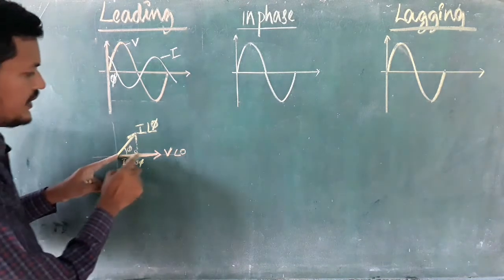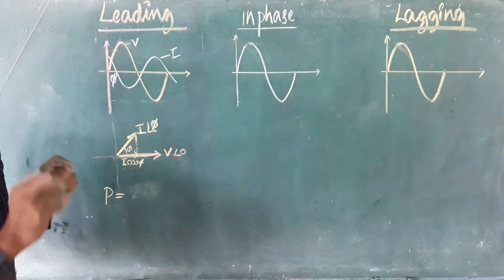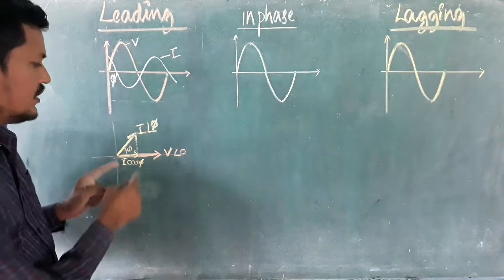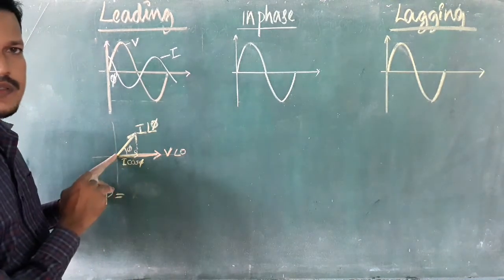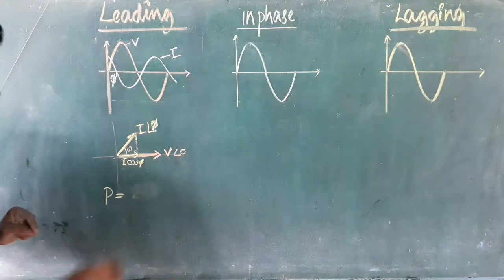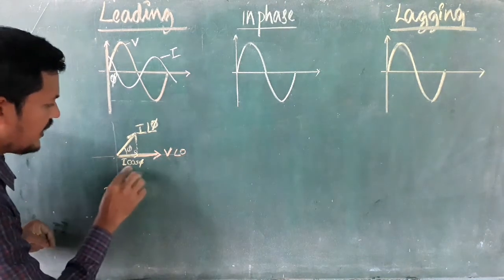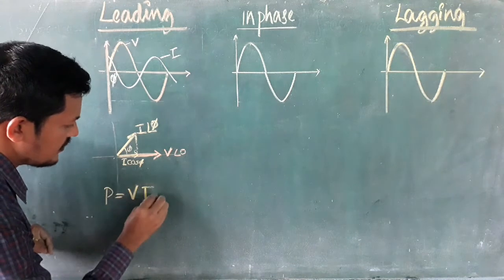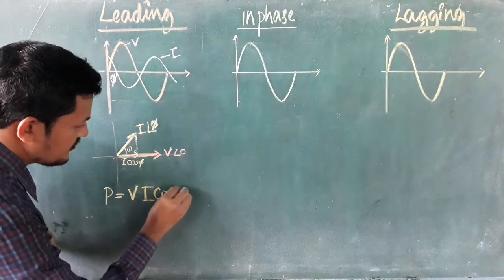Now current and voltage are in the same line, so we can multiply voltage and current. Voltage is V and current is I cos phi.